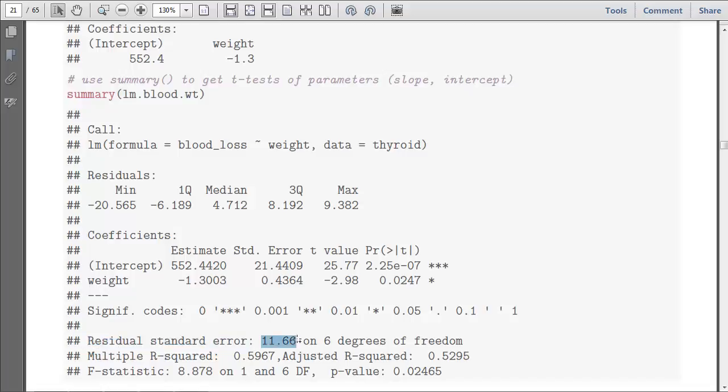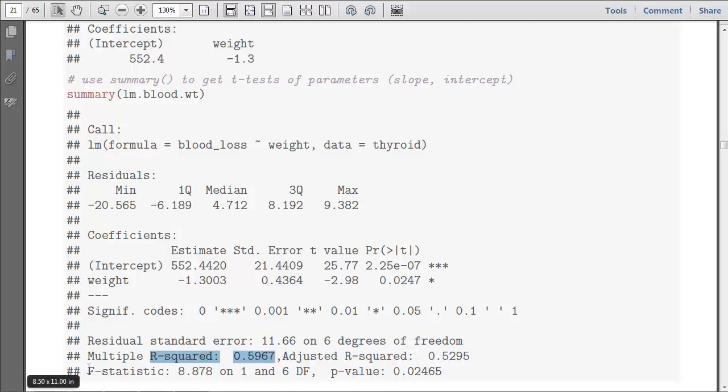That is the variability left over after you fit the regression line. We have a multiple R-squared, and that's the R-squared statistic that we've been discussing of almost 0.6. There's an adjusted R-squared that we'll talk about next semester. So for this semester, we'll just think about this multiple R-squared.